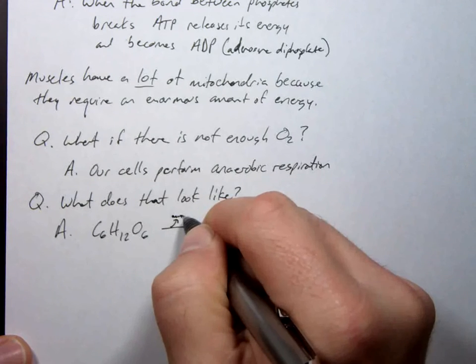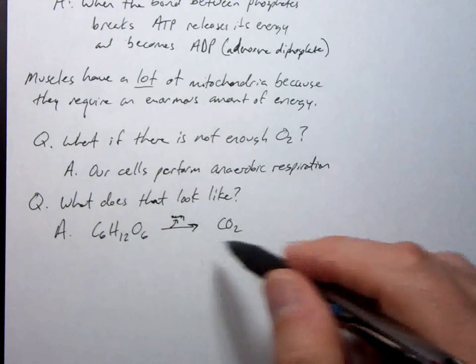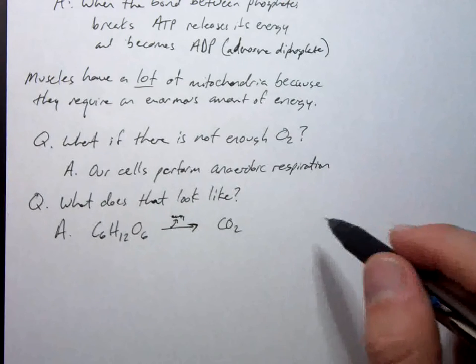Notice I wrote it very, very, very small. We're talking a very small quantity of energy. We're talking between 2 and 4 ATP produced here as opposed to 38. So we can't sustain this for very long, and we're not great at it.